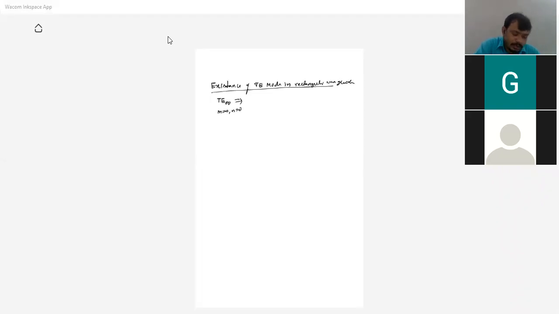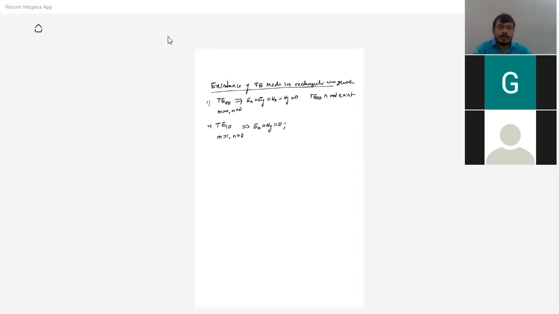In this case, Ex, Ey, Hx, and Hy are equal to 0. That means TE00 does not exist. For the second one, you can go for TE10. TE10 means m is equal to 1, n is equal to 0. So in this case, Ex and Hy are 0.